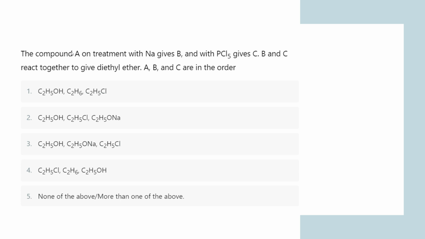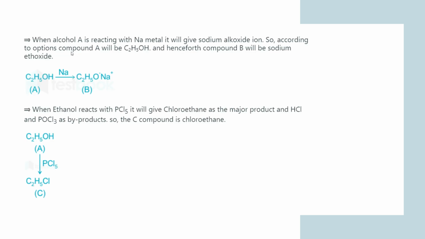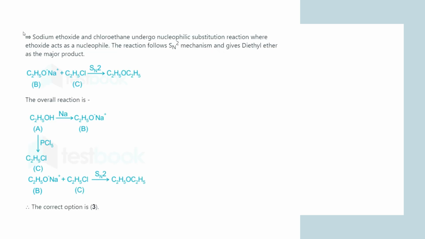Okay, and then we solved the question where you had to identify A, B, and C, and we analyzed all the options to get option 3 as the correct answer. And we also looked at the easy mechanisms which are followed in this particular question.